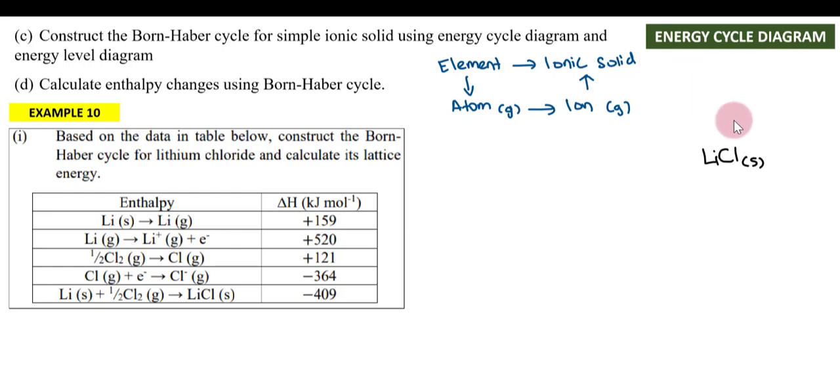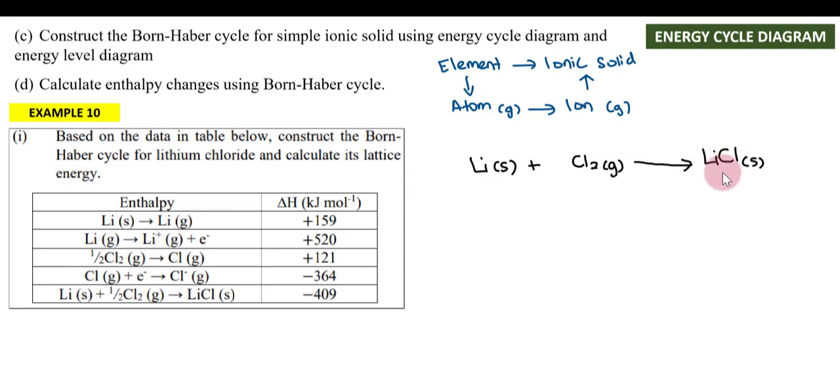To use the energy cycle diagram, I always start with my ionic solid first, and then I go with the elements. Since we have two atoms here, the lithium chloride must come from two elements: the metal, lithium solid, plus chlorine, whose element in its most stable state is Cl2 gas. And then balance the equation.